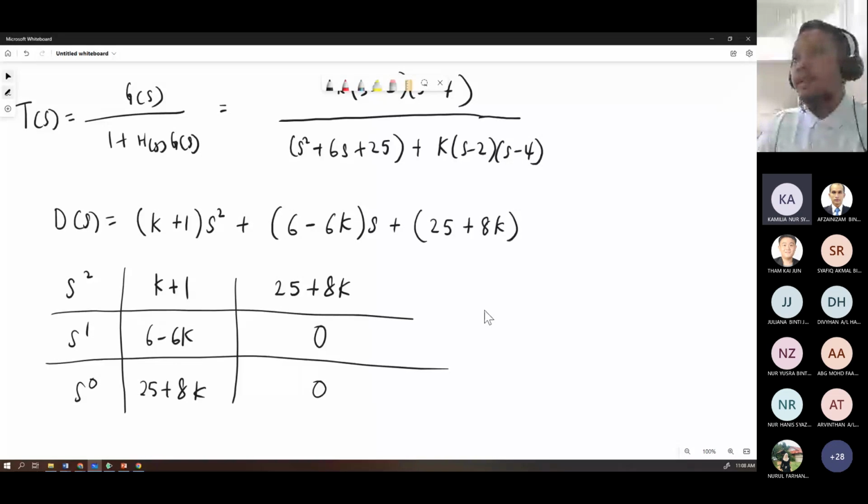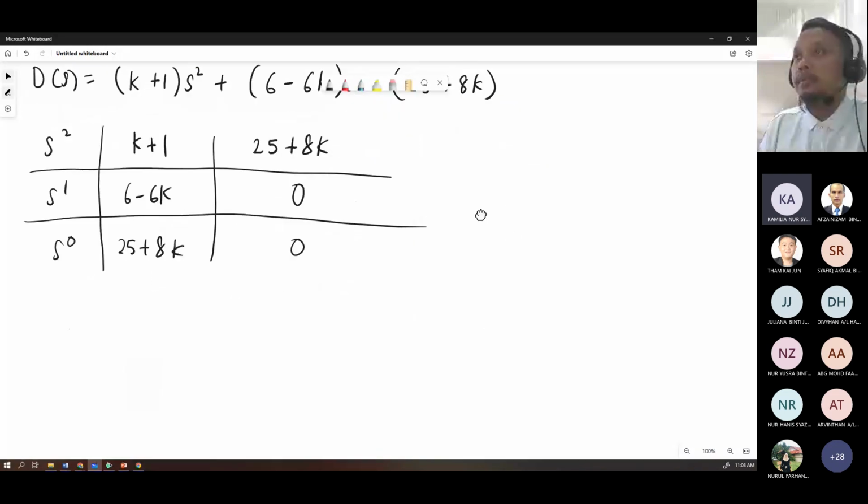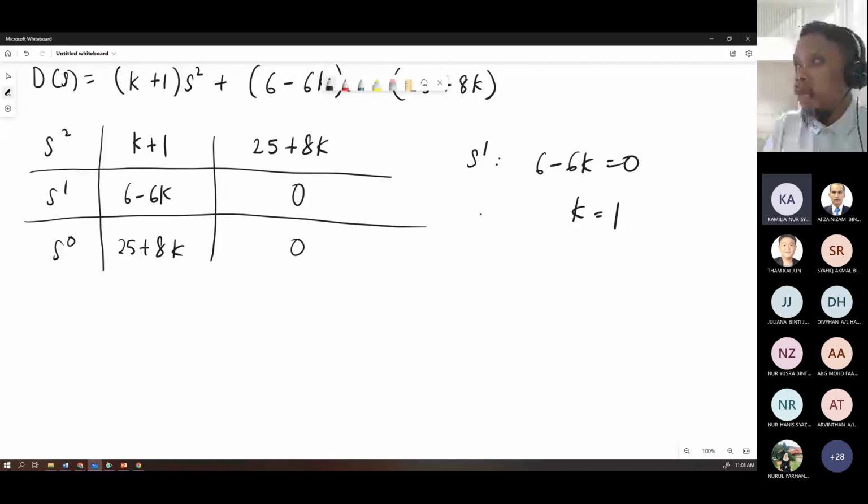And then find the j omega axis crossing by first finding the value of k at marginally stable system. So use S1. So 6 minus 6k equals 0. So k equals 1. And then use this on S squared. So k plus 1, S squared plus 25 plus 8k equals 0.